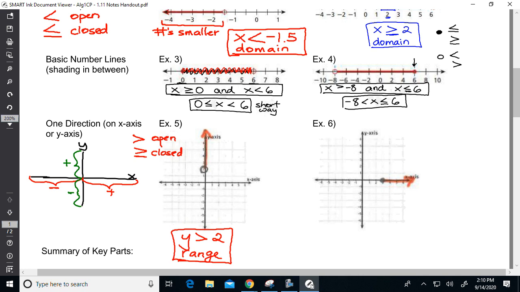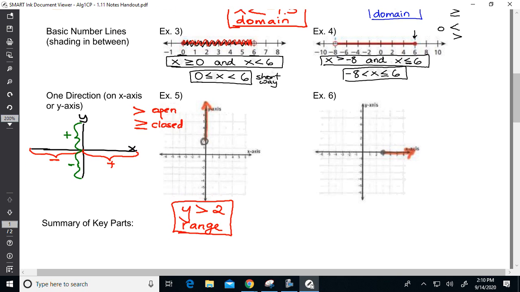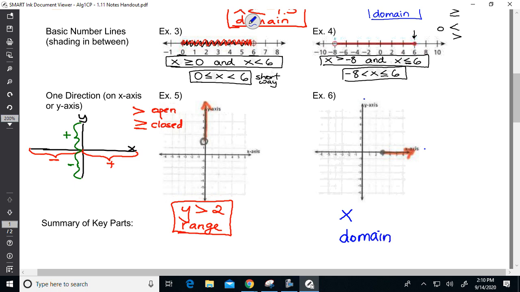All right. Let's do example 6, and then we'll summarize some stuff as we prepare to go into Wednesday. So example 6, same rules apply. Are we on the x-axis or the y-axis? Where's our graph? All right, we're on the x-axis, so this is going to be a domain. Is our graph going to the left or to the right?